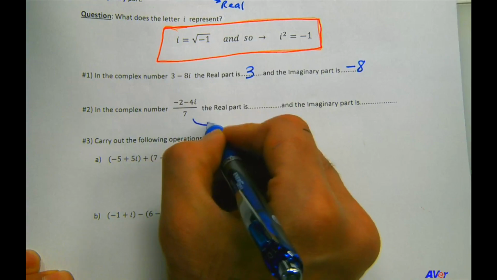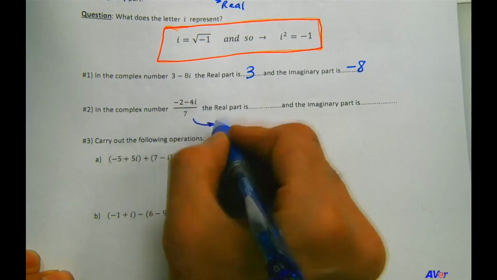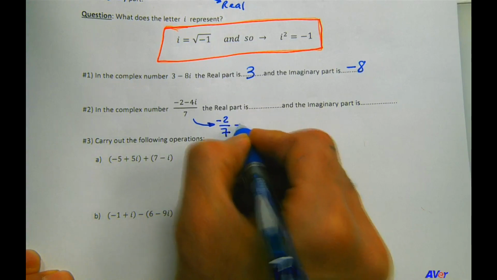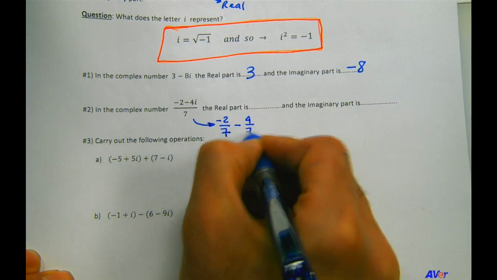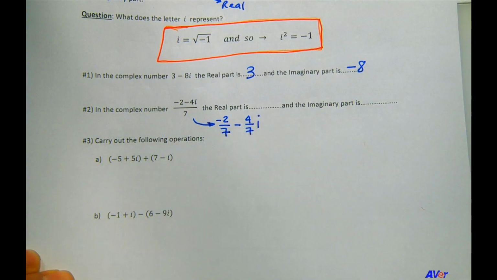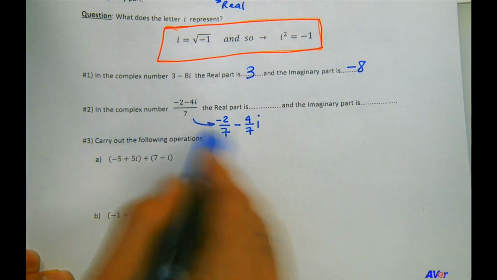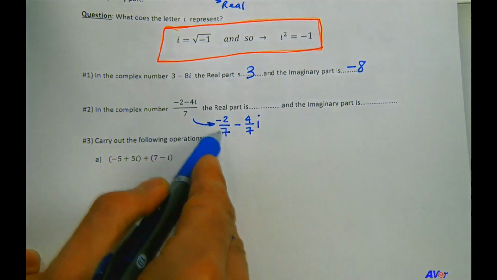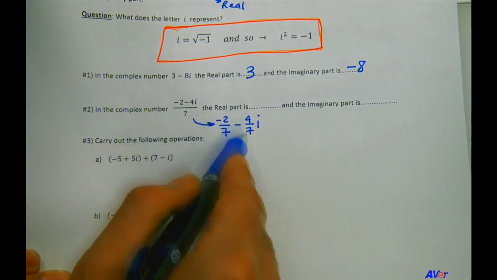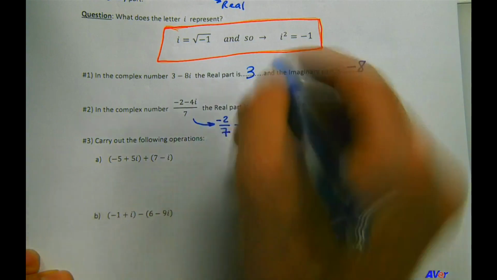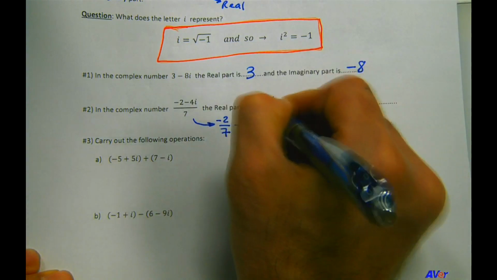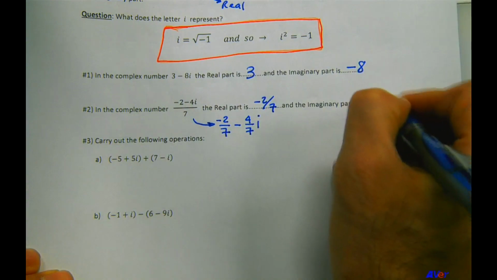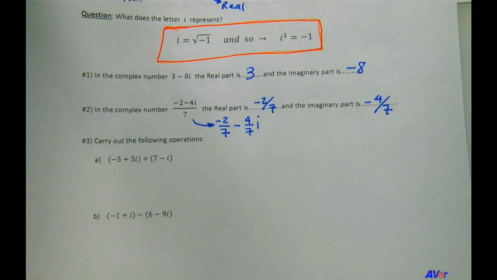By breaking it up into different pieces, so -2/7 minus 4/7i, it's clear what is the real part and what is the imaginary part. So the real part is -2/7. The imaginary part is -4/7.